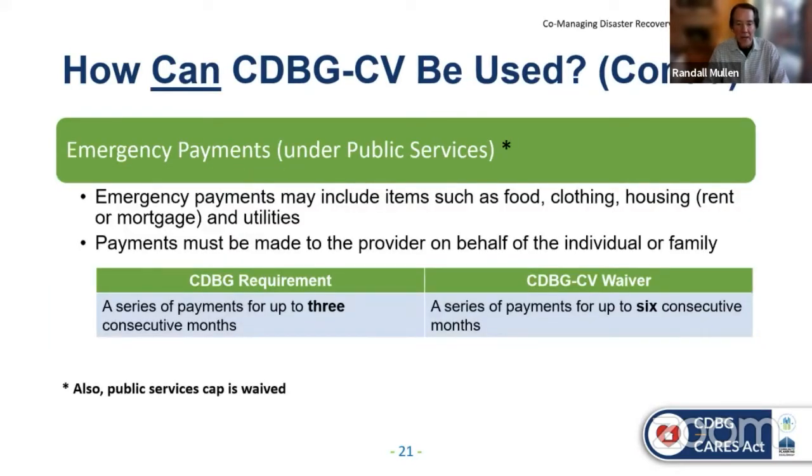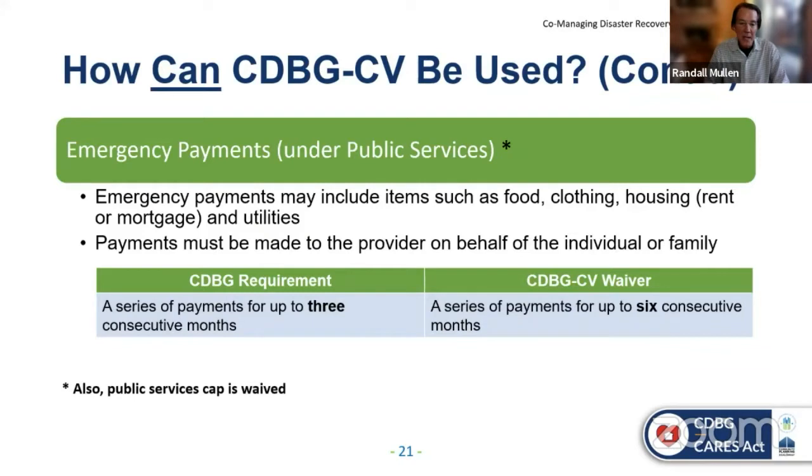Under this category of public services, CDBG-CV funds can be used to make emergency payments, as many grantees have done across the nation. And some of you may have participated in one of the CDBG sessions that focused on public services and devoted attention to this particular use.